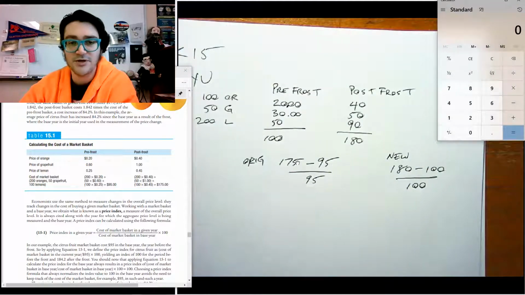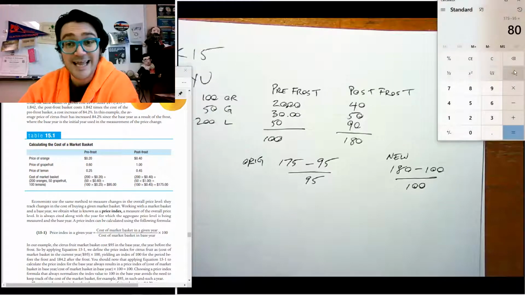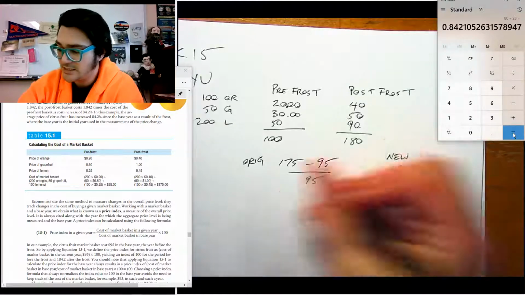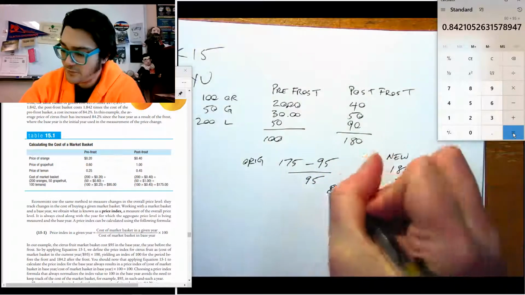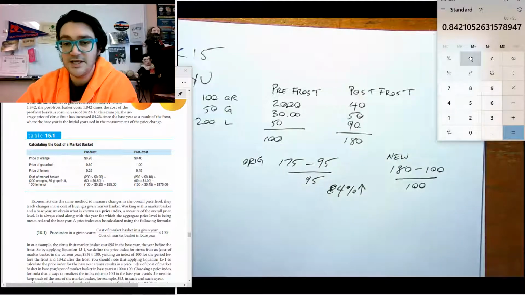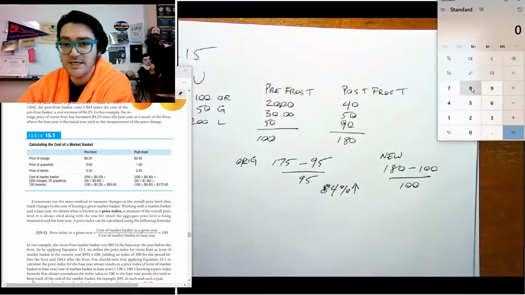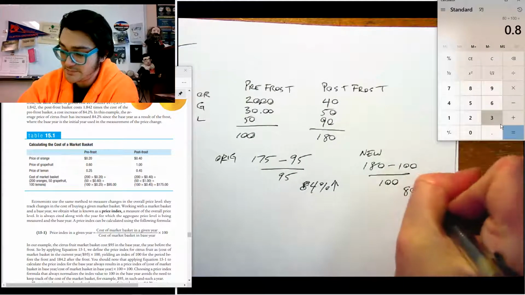That's what we're calculating: new minus old over old. So 175 minus 95, we should be able to do in our head, is 80. And if we divide 80 by 95, it tells us that was an 84% increase in prices. But if we do this one, we see that's 80 divided by 100. That's an 80% increase in prices.